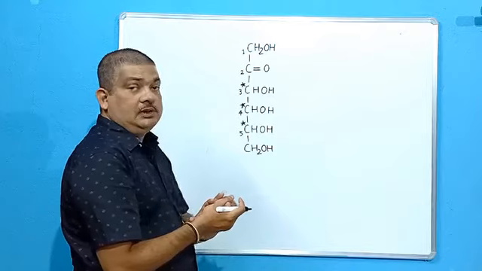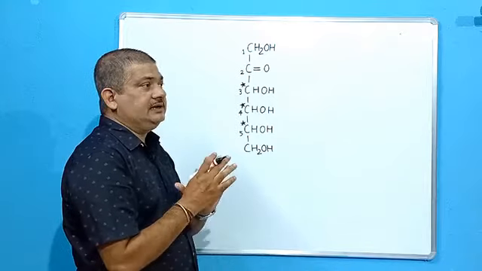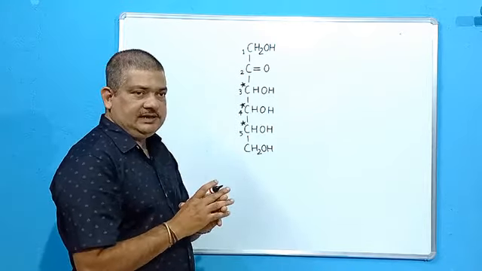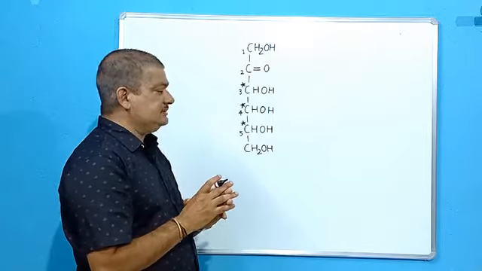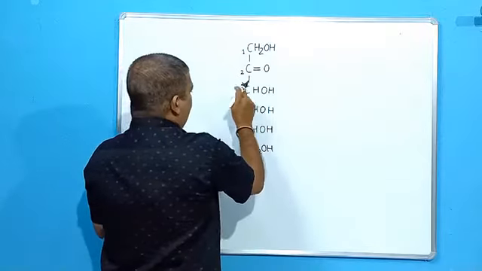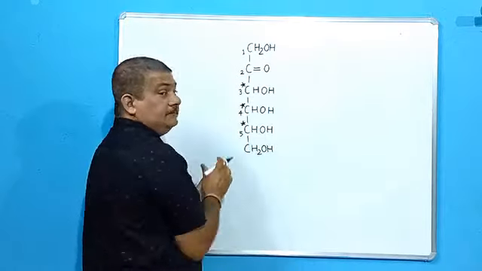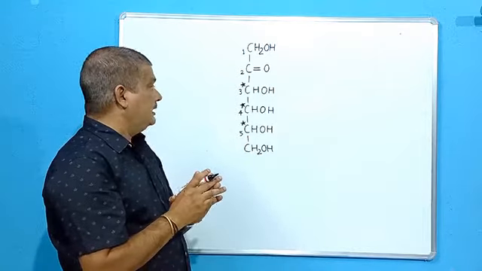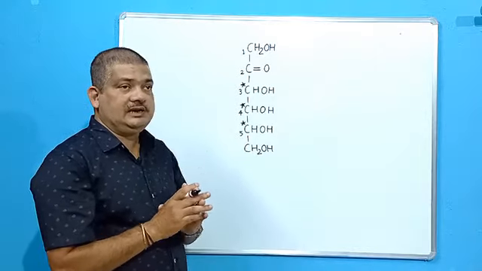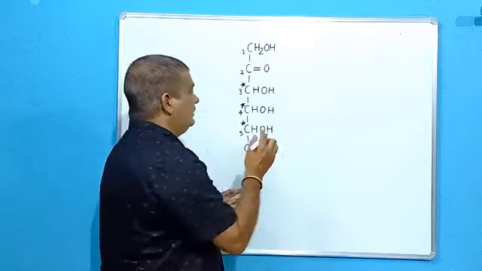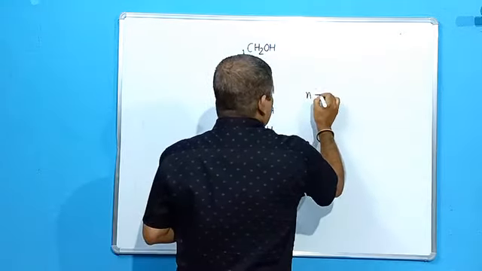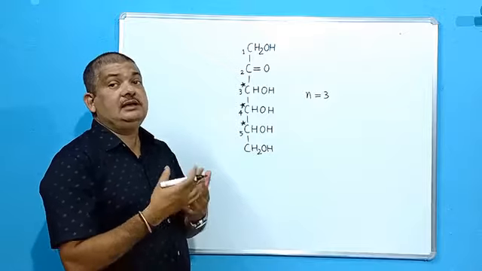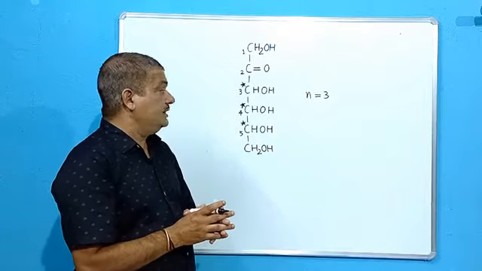That means the number of chiral centers or asymmetric carbons in fructose will be 1, 2 and 3. Only 3, not 4. Okay. So the number of chiral carbons or asymmetric carbons on fructose will be 3. So here the value of N, where N means chiral carbons or asymmetric carbons, will be 3.